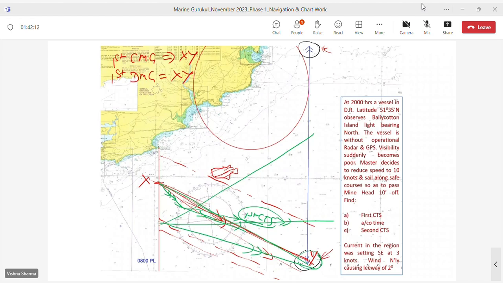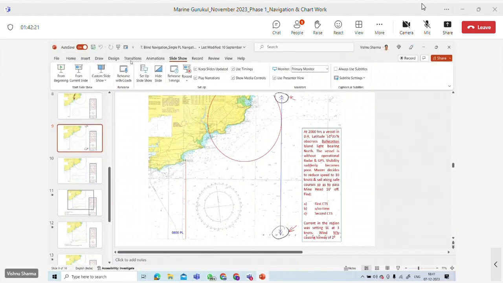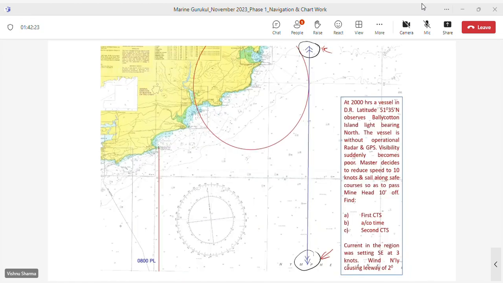As I've been repeatedly saying, on the ship, it's absolutely the master's call and nobody can go against his decision and discretion on this. He will decide whether the vessel has to continue sailing or not. So suppose from X to Y, this is our first CMG. This is the first CMG we decide. Then we can counteract the current on this.